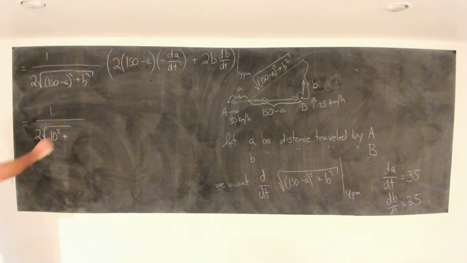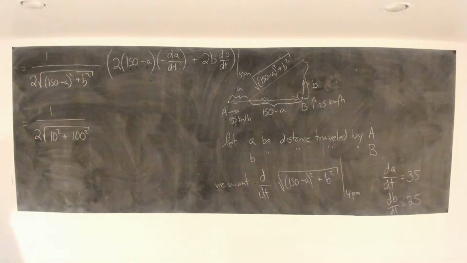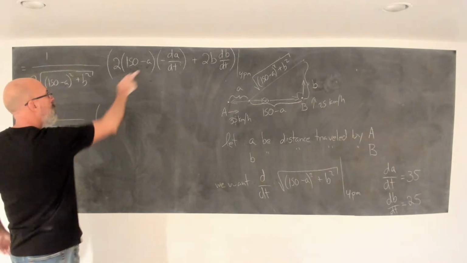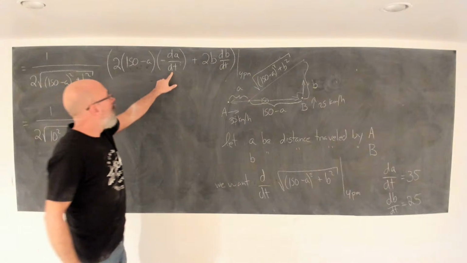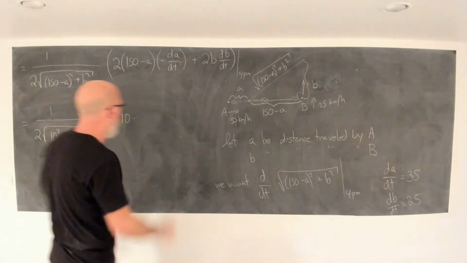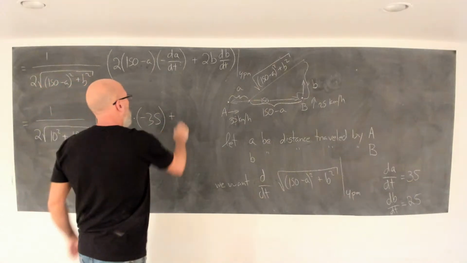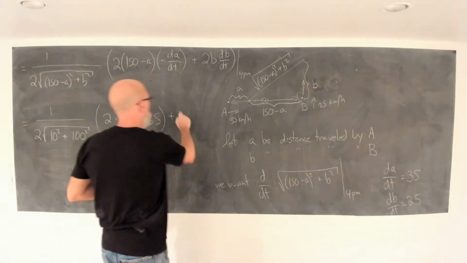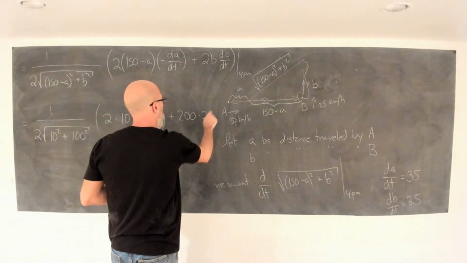Times 150 minus a, which is 10, so that's 2 times 10. dA dt is 35, so that's negative 35. Plus b we said was 100, so that's 200 times dB dt, which is 25.